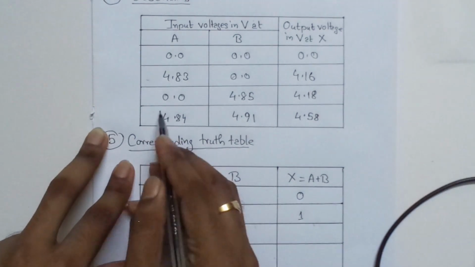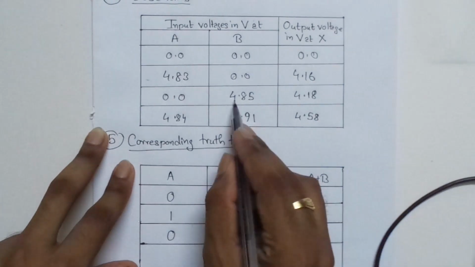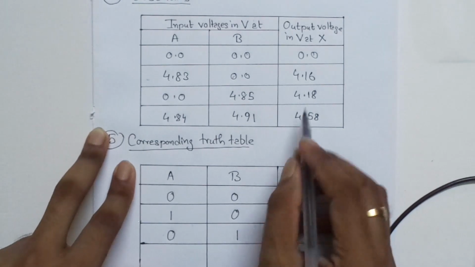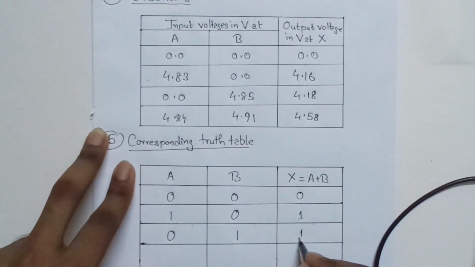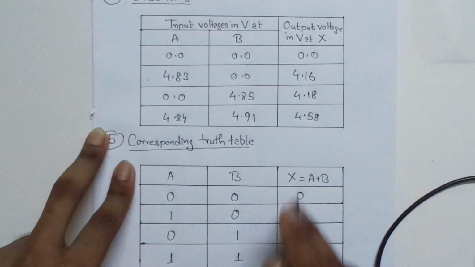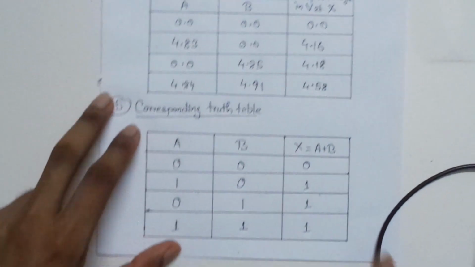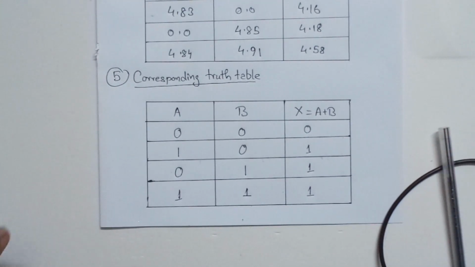Again in the input we have a 0 volt, so it is digital 0, and here we have 4.85 which is digital 1, and at the output we have 4.18 which is also a digital 1, and at last we have both digital 1s at both the input, and at the output also we have a digital 1. So this is the truth table from the circuit which we have built.